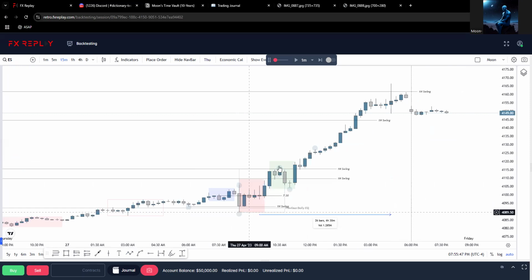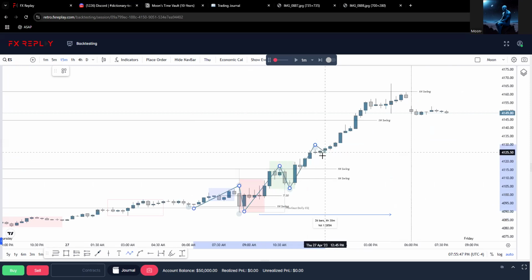A higher high. So what did this become? A market structure shift, right? So let's draw it out here. Market structure shift. Now, this high becomes weak. Why? Because it could create a lower low, right? So that's our next target. All right. And now this is just an explosion upwards, but you get the point, right?